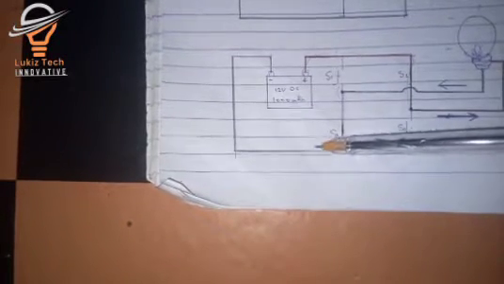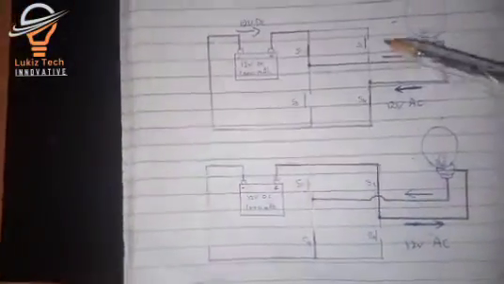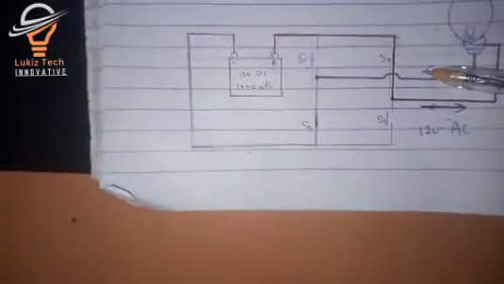It will only pass through switch 2 and go through the bulb, and then come back. It won't be able to pass through switch 1 again. It will now pass through switch 3 and then go back to the negative. So here this place will now be negative and this will now be positive.